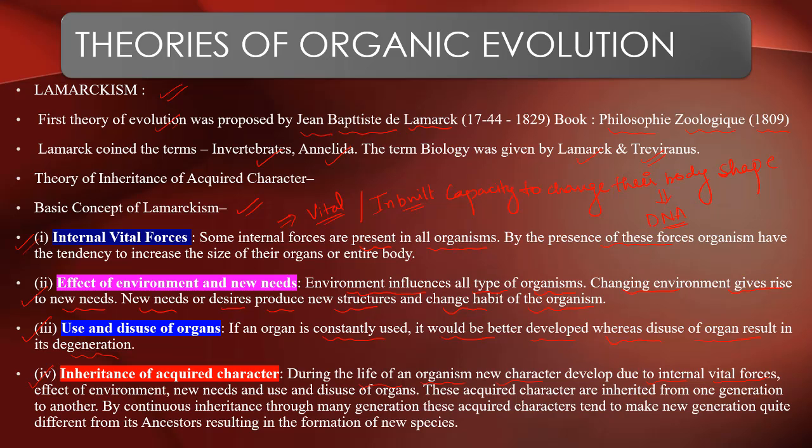It depends upon the potency and frequency of the character coming again and again in a particular generation. The chances are very low because acquired characters do not influence DNA. That is why, in the internal vital forces, it is not mentioned that there are inbuilt forces of DNA.